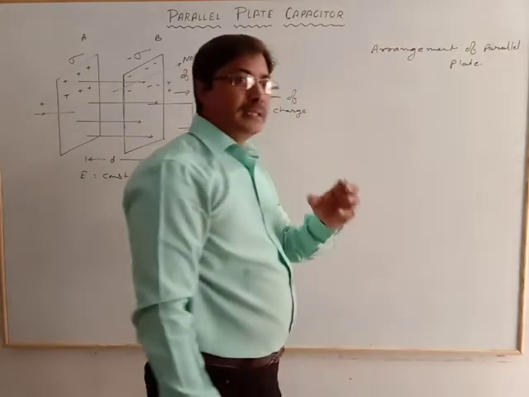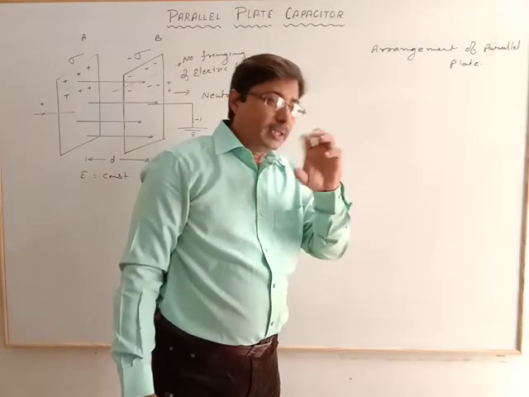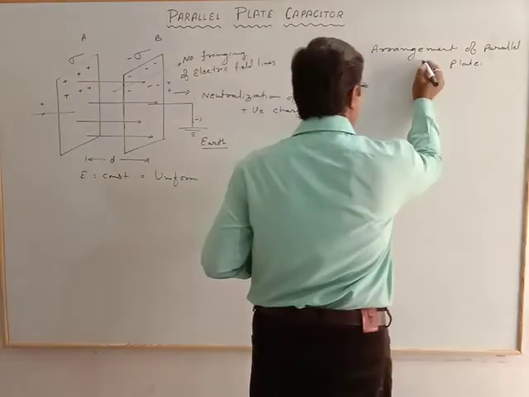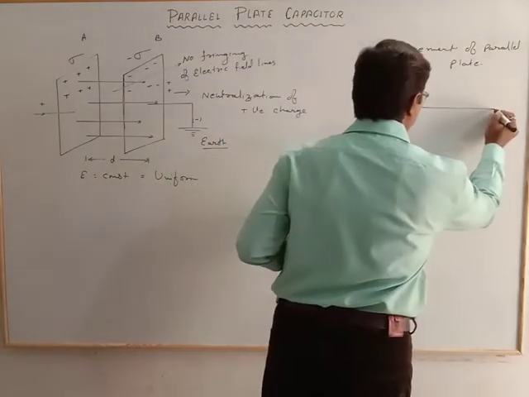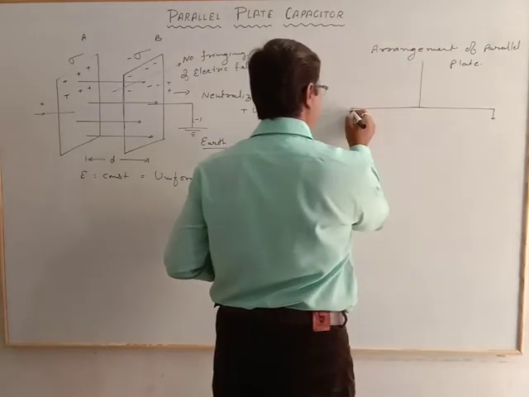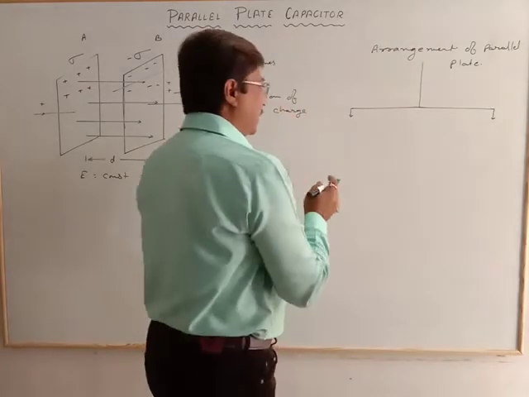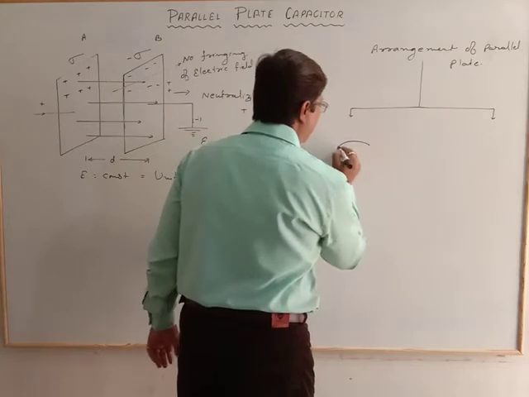In both conditions, whether you make this one like a cylinder or like a sphere, one is parallel to the next.